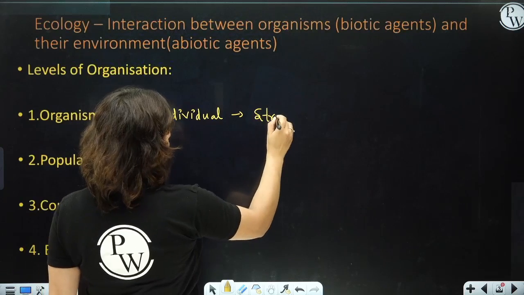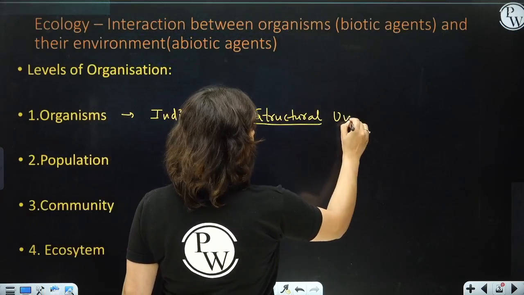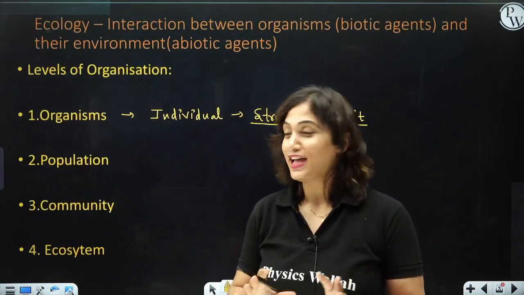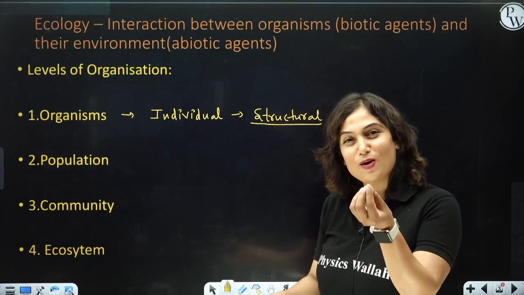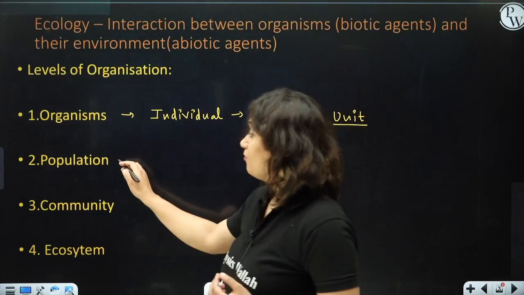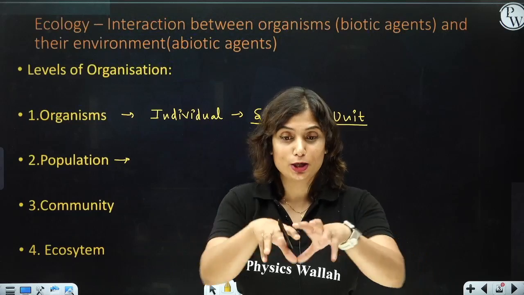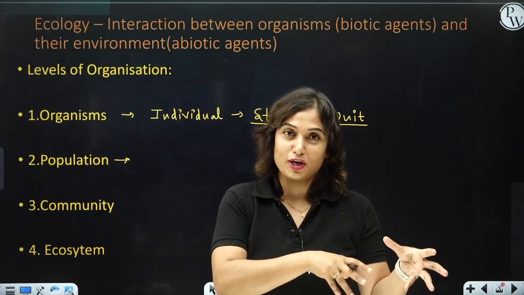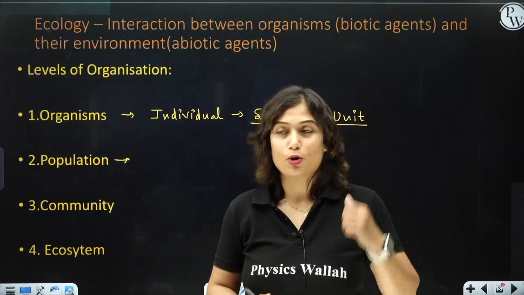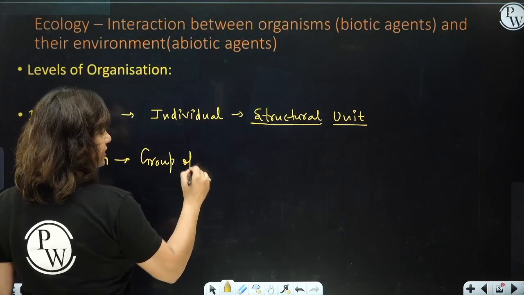What is the meaning of structural unit? These different organisms ultimately form the whole biosphere. So, the organism is the smallest structural unit of ecology. Then comes the population. A group of the same kind of organisms is called a population, like a human population or a tiger population.